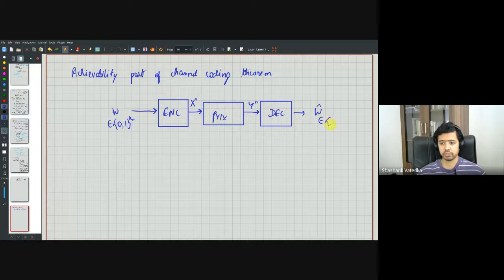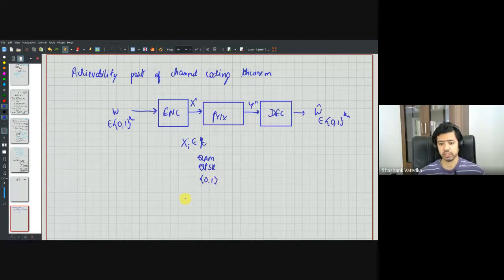So the estimate is also going to be a binary sequence of length kn. Each xi comes from some alphabet. If you're fixing a particular constellation, then it could be QAM or QPSK, or if it's just a binary channel, then it could just be 0, 1.